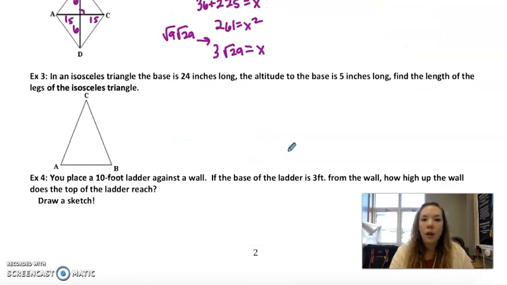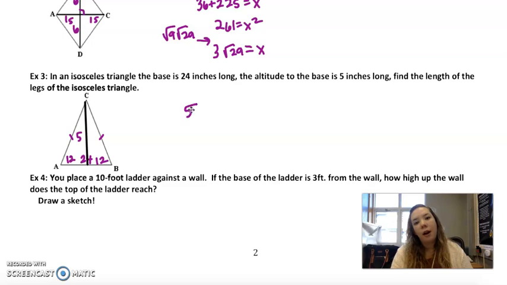In an isosceles triangle, the base is 24 inches long. The altitude to the base is 5 inches long. Altitude means from the tip of our triangle to the base. So they're saying that this would be 5. Find the length of the legs of the isosceles triangle. So this altitude will divide our base in half, so you'd have 2 pieces of 12.